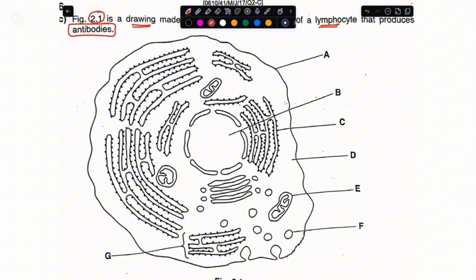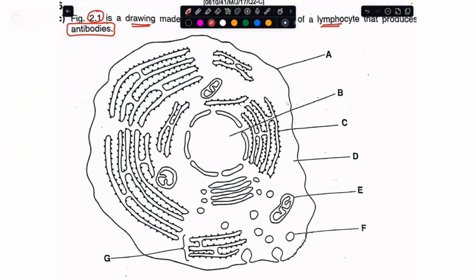If I just try to tell you what this diagram is indicating, this A part that we have with us is the cell membrane. If I talk about the B, which is indicated over here, this is the nucleus. If I talk about the C structures, you see that they are granular and spherical in shape, so you are required to call them ribosomes, and the role of the ribosomes, you know, is that they make the proteins.